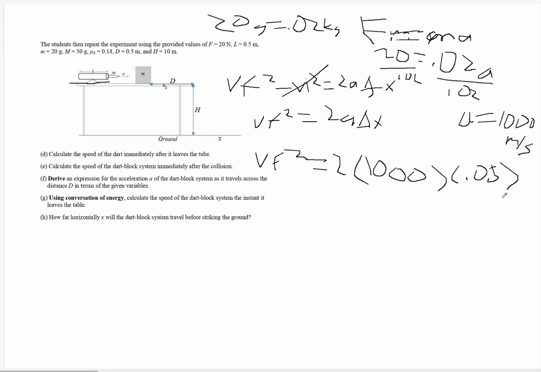And then all we need to do is plug it into our equation. We get Vf squared is equal to 1,000. Just square root that.